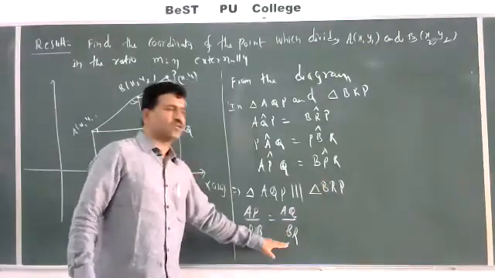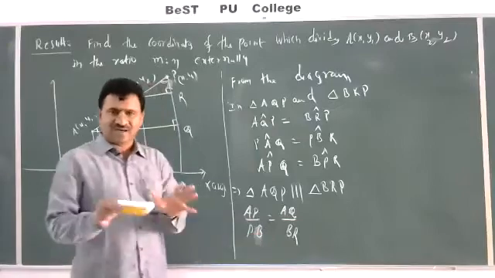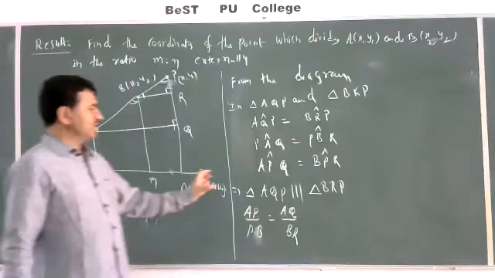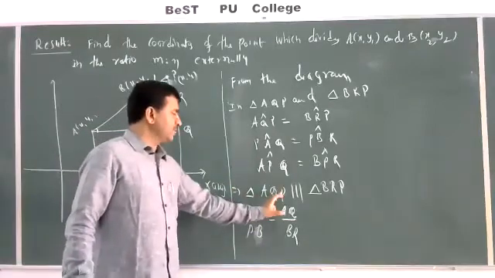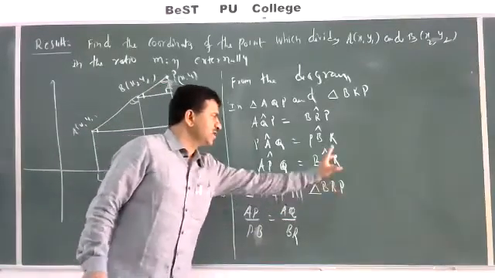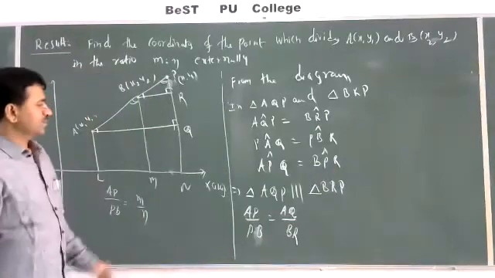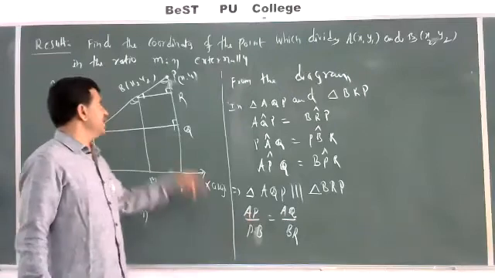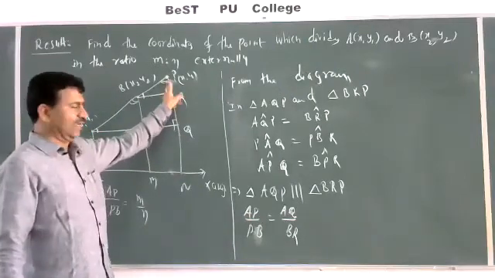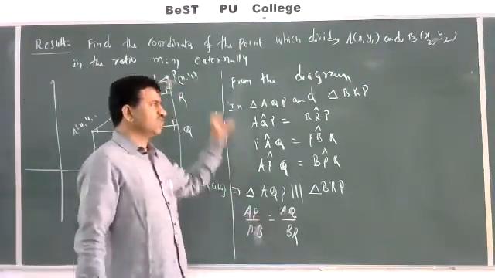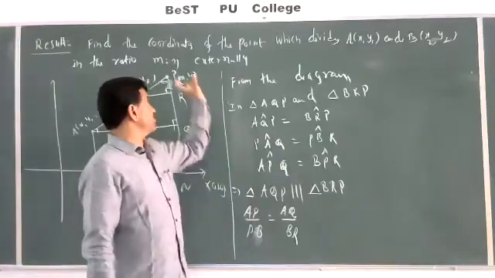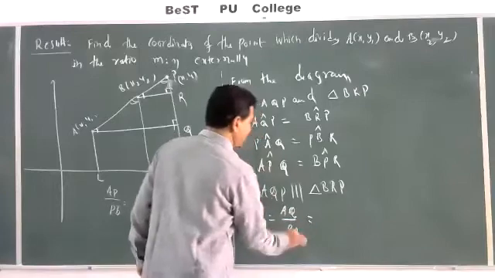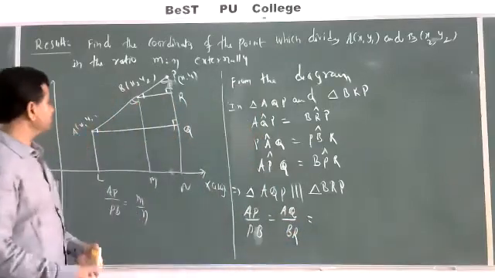Don't write BR by AQ; you will get wrong answers, and the concept is also wrong. So follow the systematic order. Here AQP is similar to triangle BRP. So first we have taken AP by PB, PB is from the second triangle. Here also AQ from the first triangle, BR from the second triangle. Here only you will neglect this point and make mistakes.